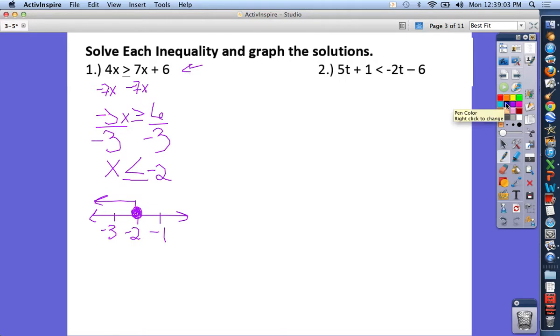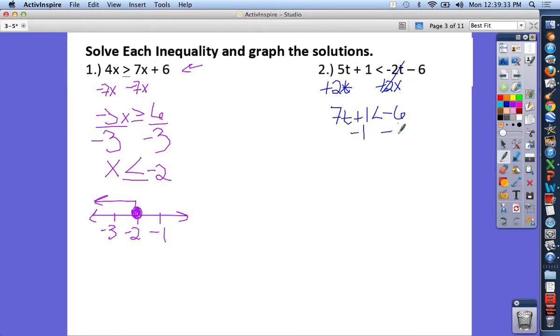Number 2, we can't simplify anything on either side, so let's put our variables on one side, using either addition or subtraction. I always think it's easier to add. So if we add 2x, because it's negative 2x, and negative 2x plus 2x is 0, so we have 7, and I apologize, these are t's, 7t plus 1 is less than 0 minus 6, which is just negative 6.